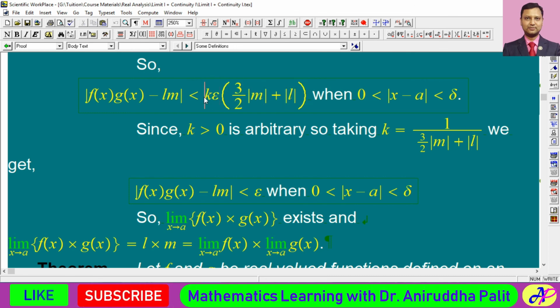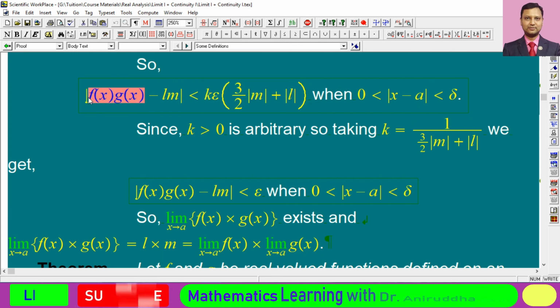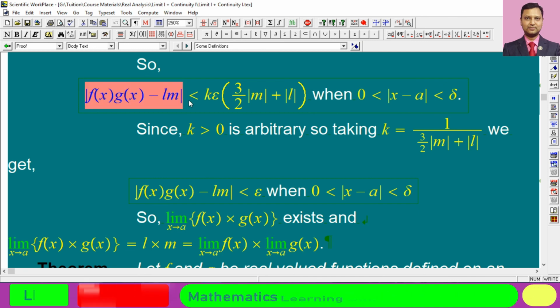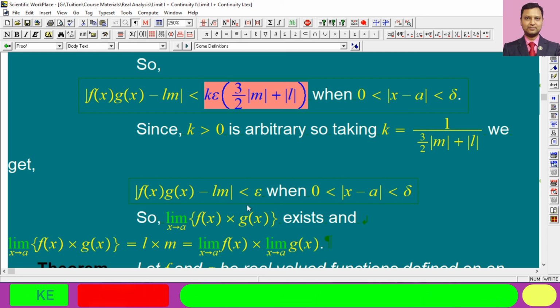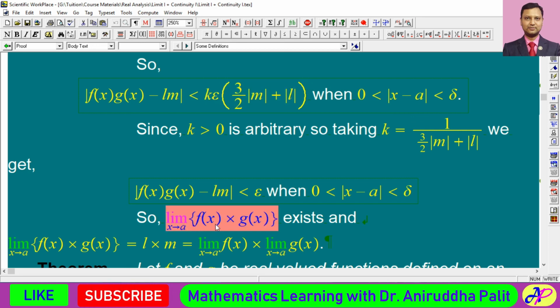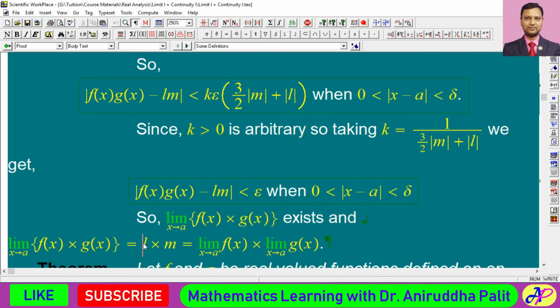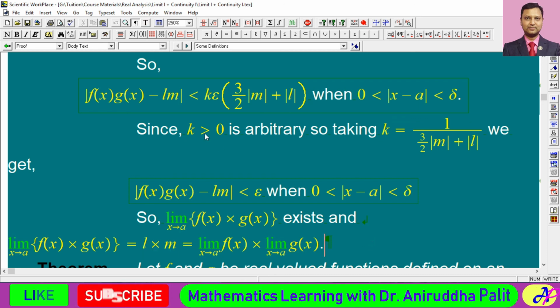So altogether, this right hand side remains an arbitrarily small number, and therefore the modulus of the difference between fx into gx and the limit L into M always remains smaller than an arbitrarily small number. This is sufficient to conclude that the limit as x tends to a of fx into gx exists and is equal to L into M. So this can also be used to prove this result.